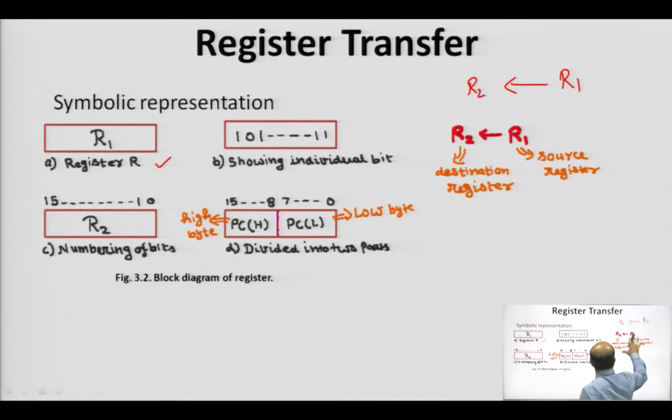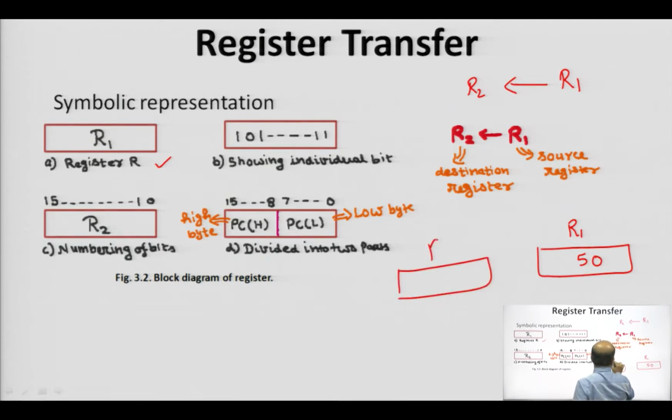So, in this particular transformation, actually we are copying the content from R1 to R2. So, after this transformation, the value of R2 will be updated. However, the original value of R1 will be the same. For example, in this case, suppose in the R1 register the value is 50, and initially in the R2 register the value was 10.